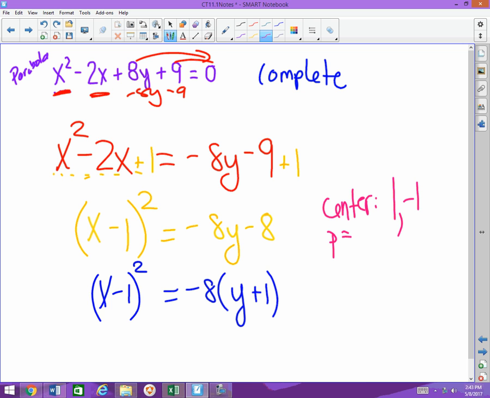The value of p is a negative 2, and because x is squared, it's going to open down to the focus.